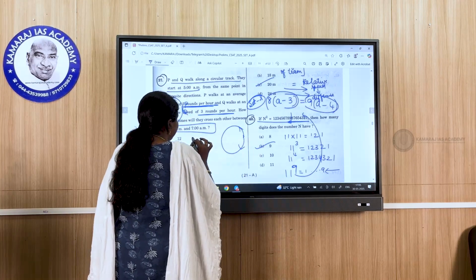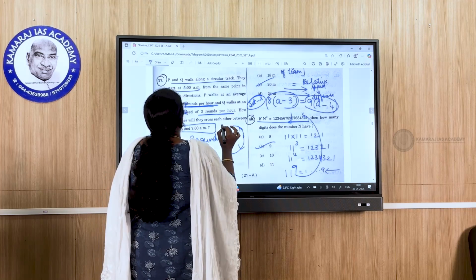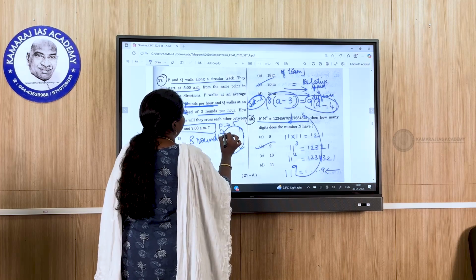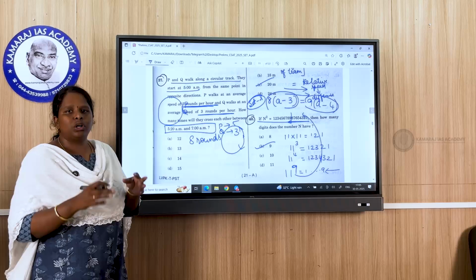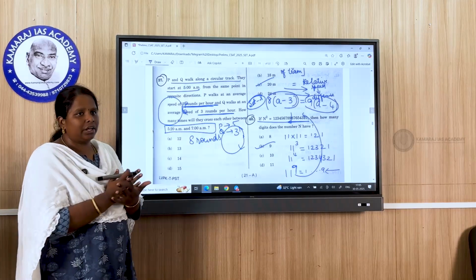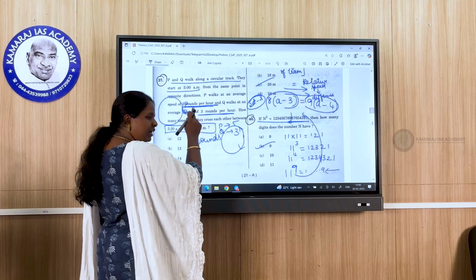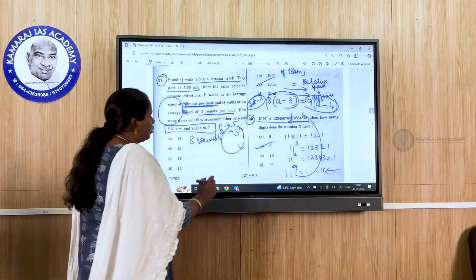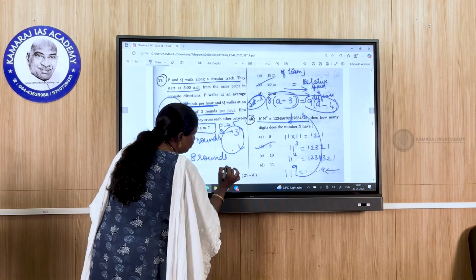So at an average of 8 rounds, because P is going for 5 rounds and Q is going for 3 rounds. Both of these 8 rounds take place in 1 hour. So 8 rounds per hour.